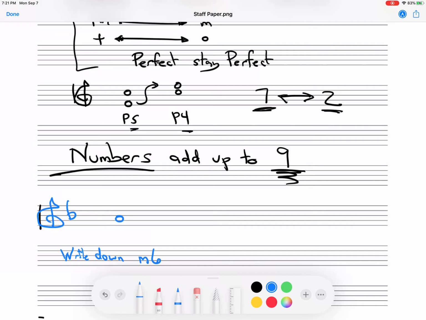All right, so you go, I have to write down a minor 6. I don't even know how to begin. You probably start trying to count down from that note. Well, guess what? Flip it upside down.